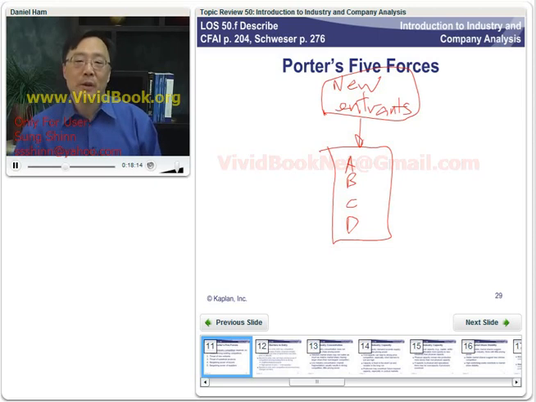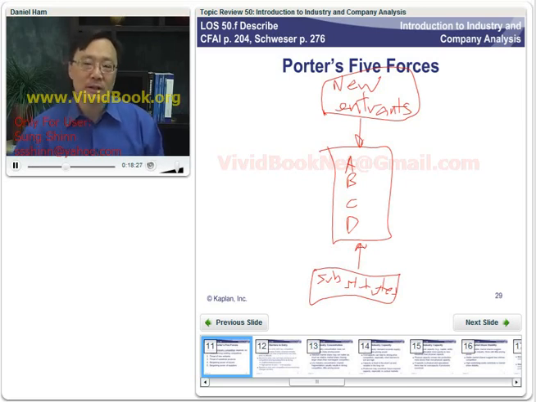Then we're going to look at substitutes. Part of what determines your industry competitiveness is your ability to differentiate your product or any cost-related advantages. But if you are commodity-like, and there's a high threat of substitutes, that's going to make it incredibly difficult to compete.